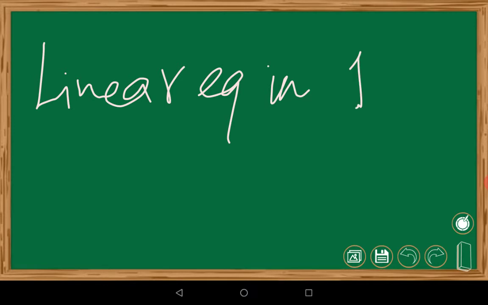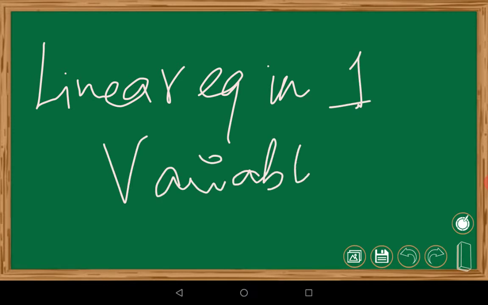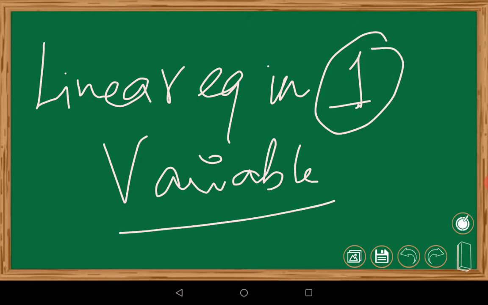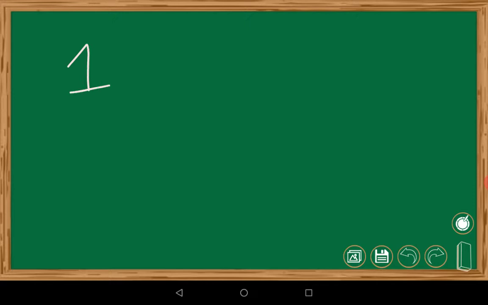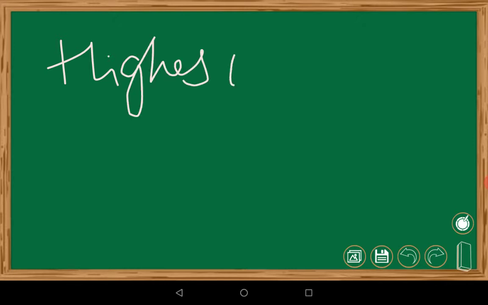So what is the meaning of one variable? Only one variable should be there in the linear equation. First is highest degree, which should be 1, and also only one variable should be there.